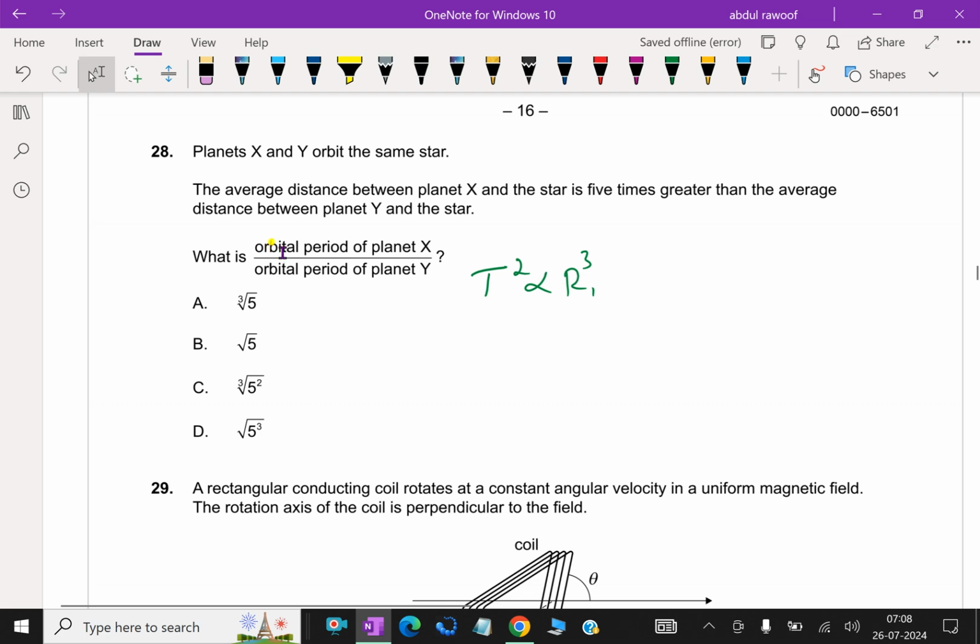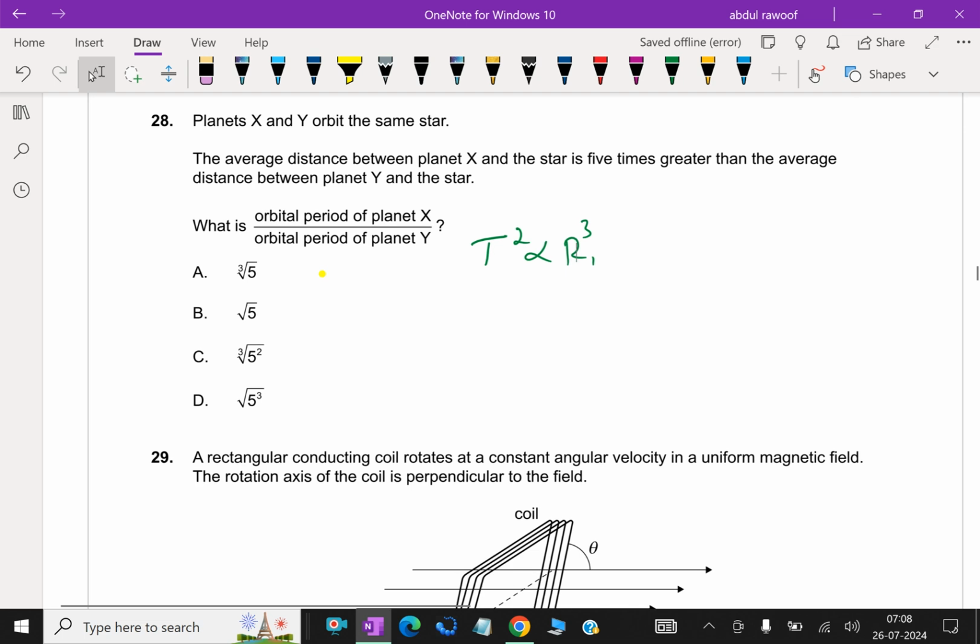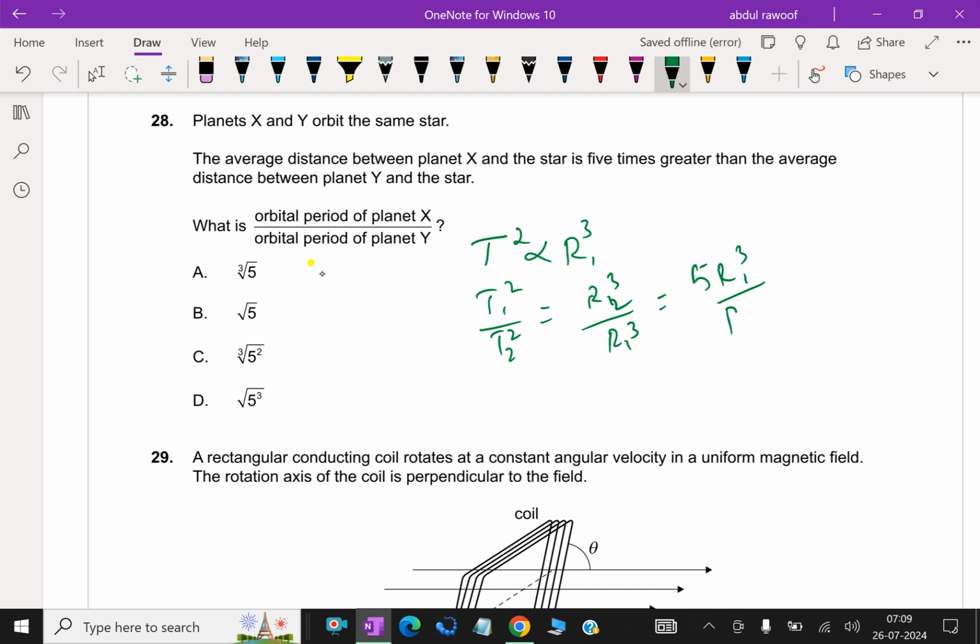Then, by using the relation, T1 squared over T2 squared is equal to R1 cubed over R2 cubed, where the radius is 5 times R1.